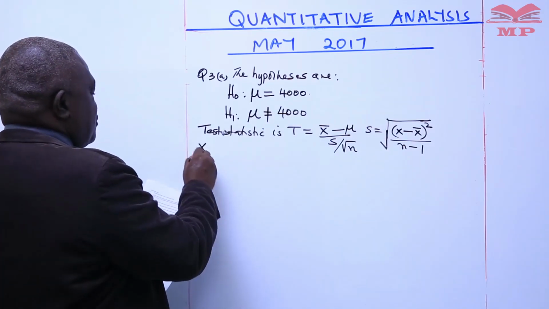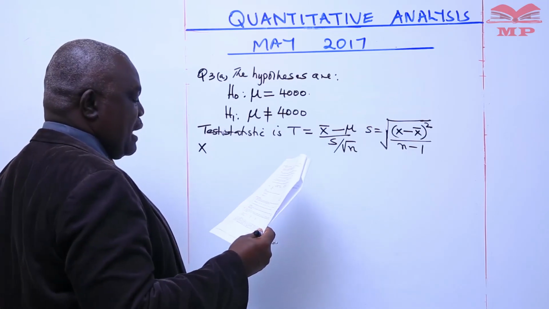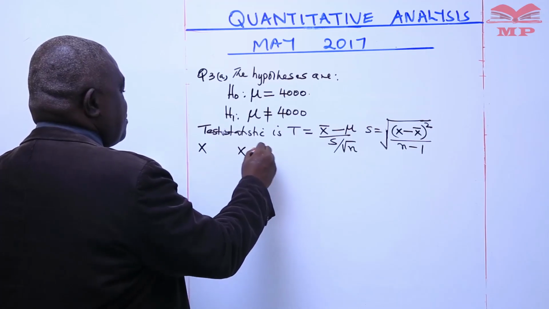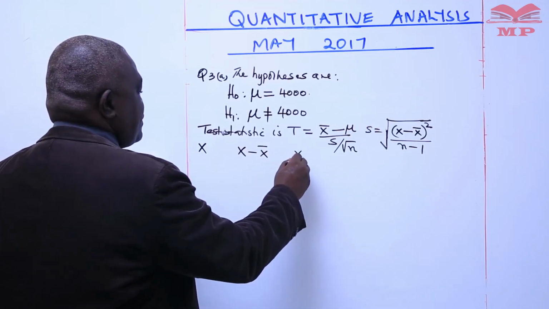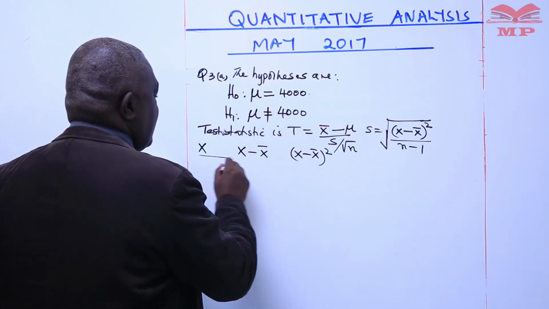I have X, which is the lifespan of the bulb. Then I have X minus X bar, then X minus X bar squared.